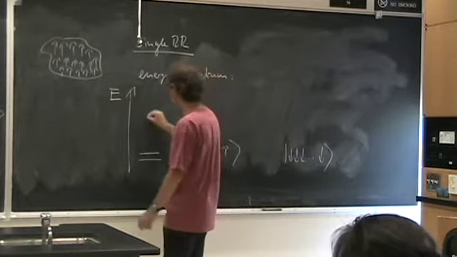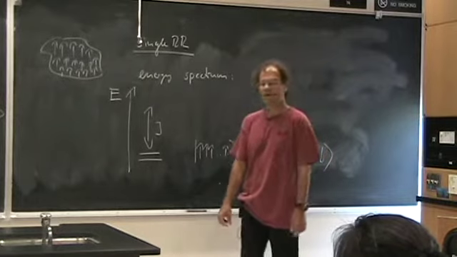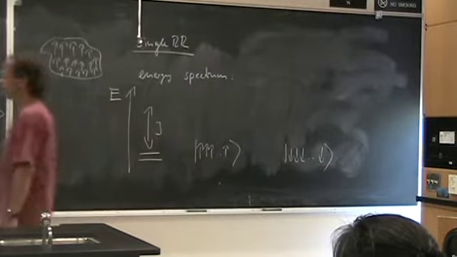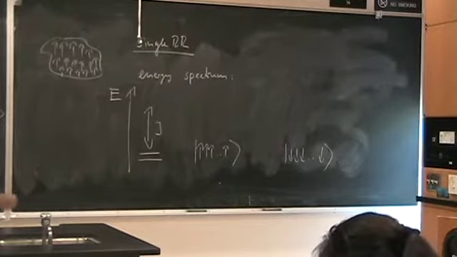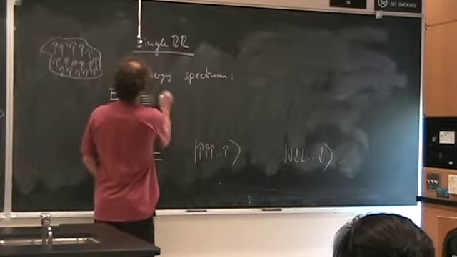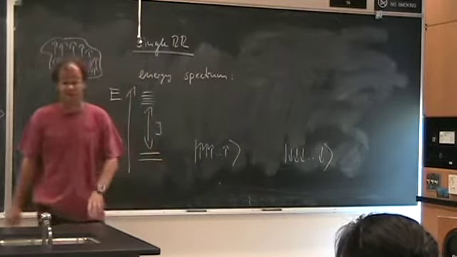Order J. So why is the gap order J? Because if you are not in one of those two states, then you will have at least one pair of spins that are anti-parallel, and this will cost you a J. So there's tons of states up here, but there's a gap of order J, and then you have these two low-lying states.